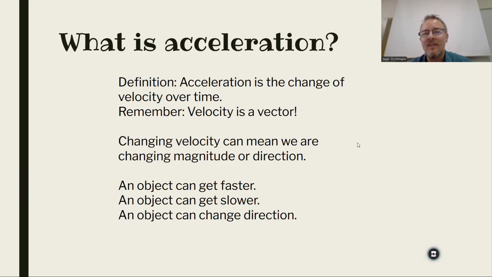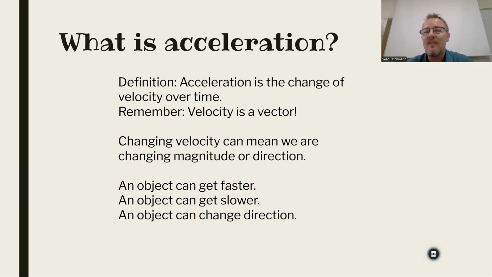So remember, velocity is a vector, and so is acceleration. If we change velocity, that can mean three different things. We can change the magnitude and the object can get faster, for example, or the object can slow down, or it can change direction because remember, velocity is a vector.